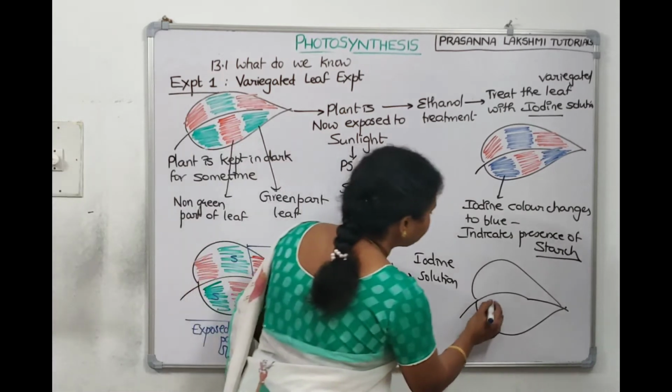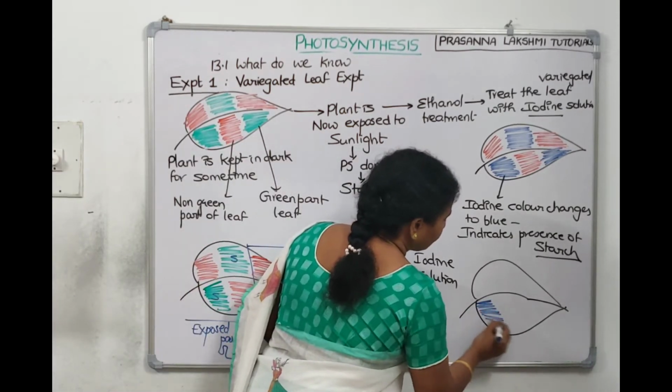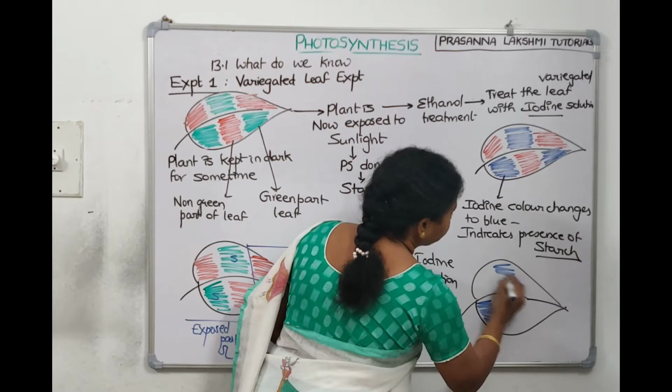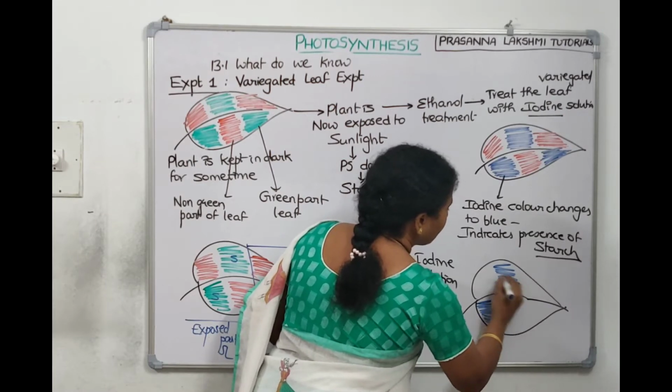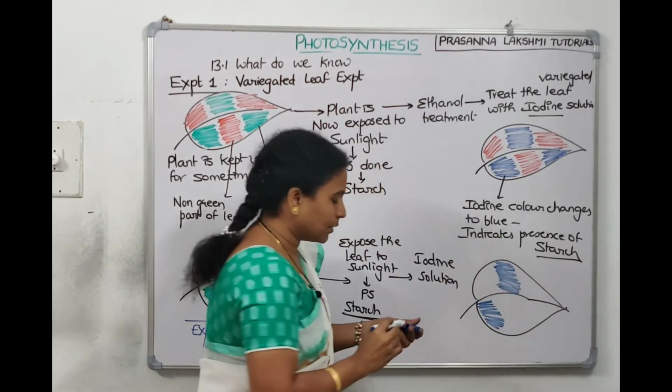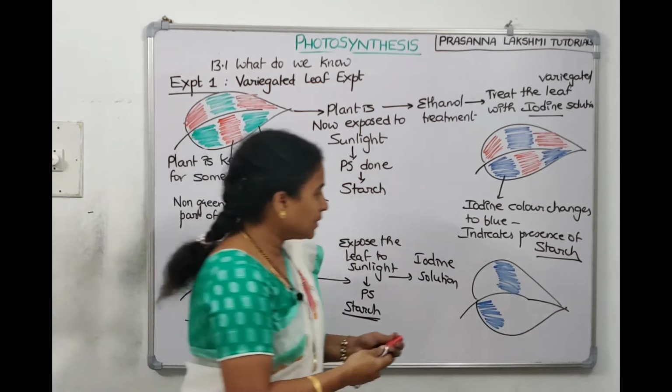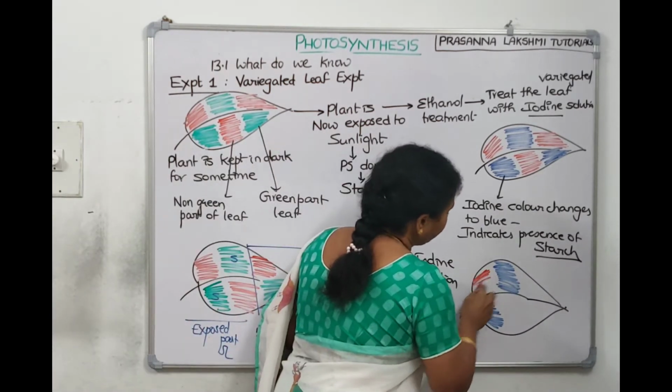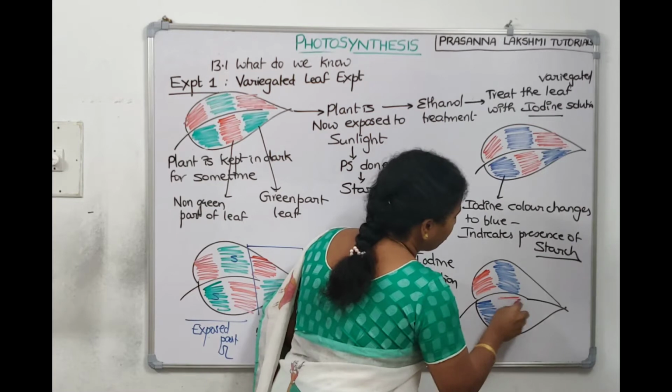So only here and here, only these green portions photosynthesis is done, whereas this portion is non-green, it will not do photosynthesis.